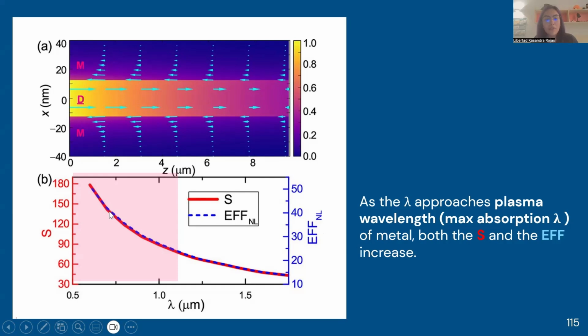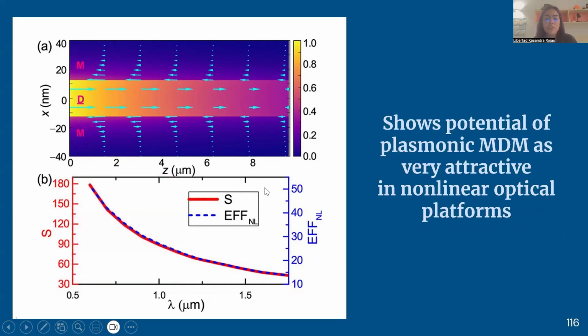So all of this serves to just show the potential of plasmonic MDMs as very attractive platforms in nonlinear optical systems. Okay, nonlinear optical platforms, sorry, in terms of plasmonics. So overall, that is what they're telling us here, and that is one of the main messages this paper is trying to tell us, that MDM waveguides are the way to go if you're going to go through the plasmonic route.